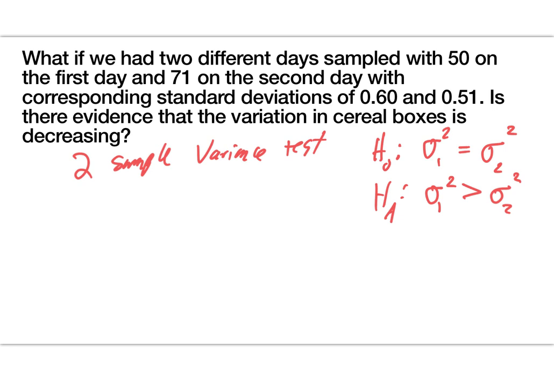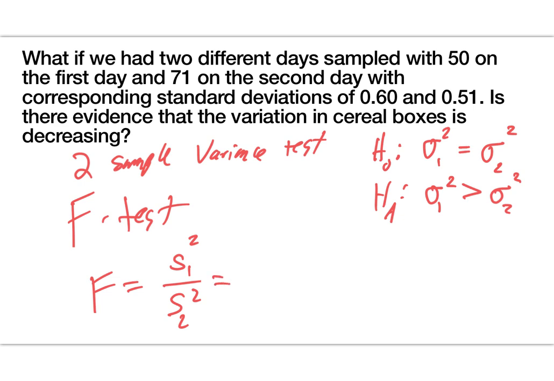And a 2-sample variance test is a one-way ANOVA, it's an F test. All right. And the formula for the F test, once we did reducing, is whatever you listed as your first standard deviation divided by the second one, squared.